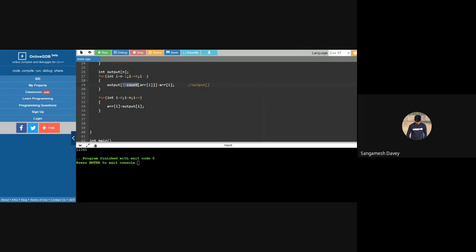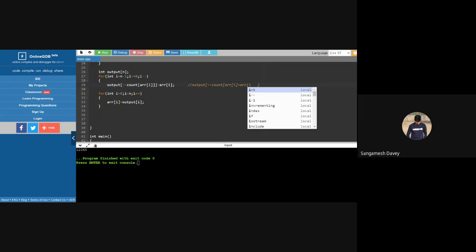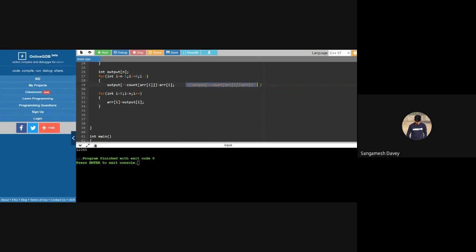What is the first step? You decrement the count. Decrement the count of whom? ARR of I. Right? And then in that position, you put the sorted one. It's a single step, but essentially it is saying first do count minus minus.